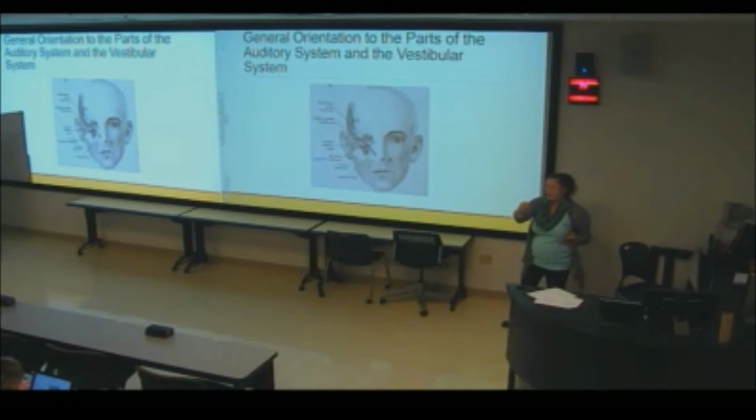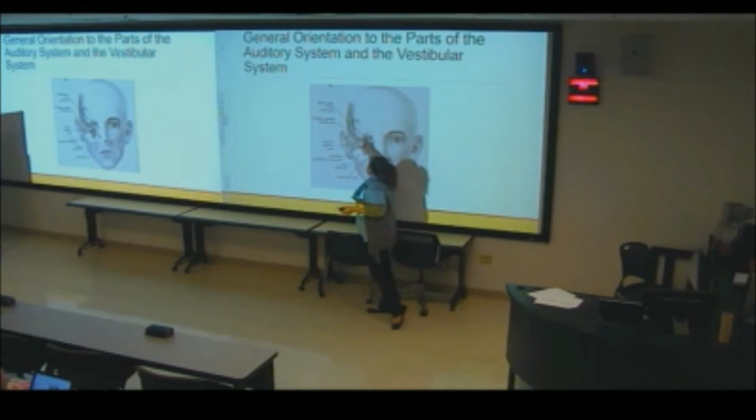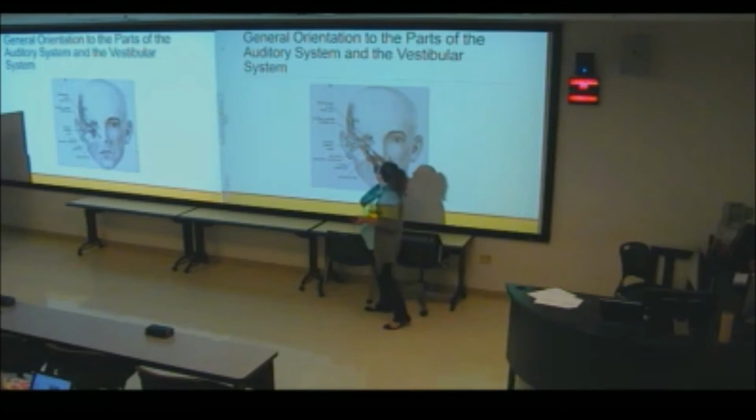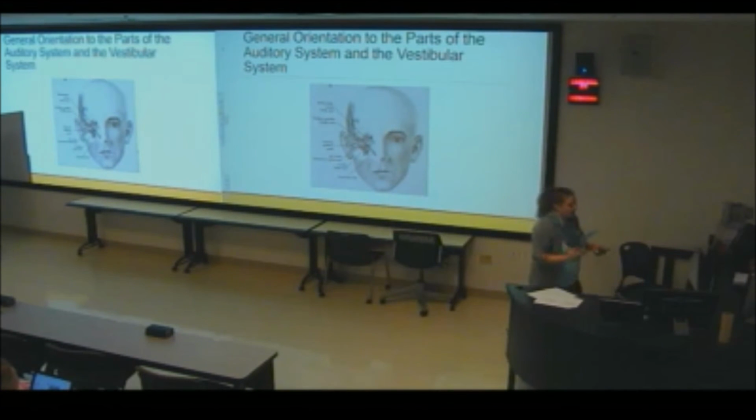Just think of a canal going straight in, and then we have the vestibular structures and the cochlea, the auditory structure. You can see the eustachian tube here going down to the back of the throat. So just think directly behind your eye. And obviously you have two ears, so you have two of these systems, left and right.